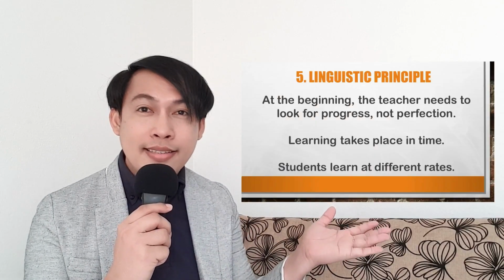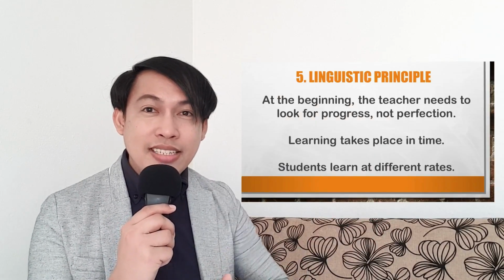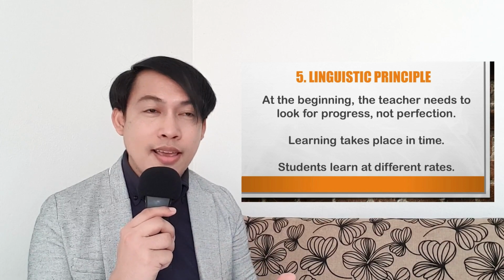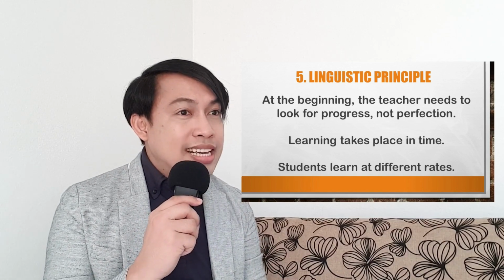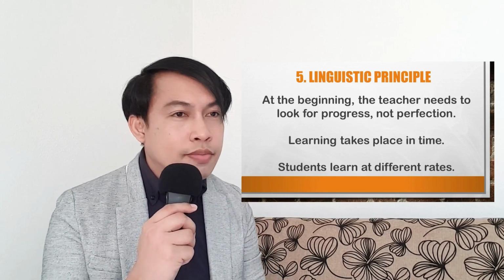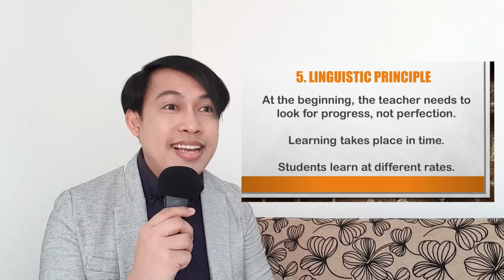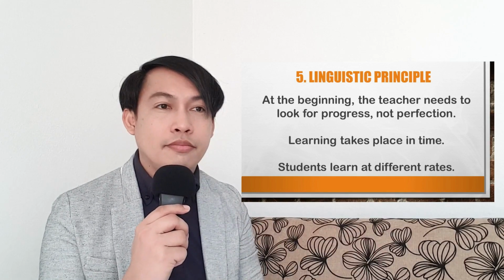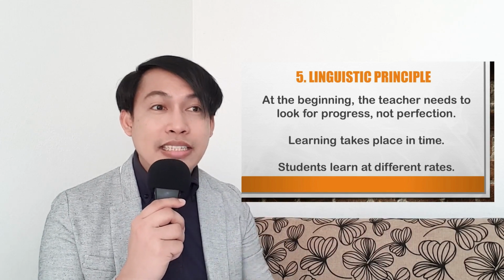Another thing that we need to consider is this principle. This is the time that we spend in teaching the students. At the beginning, the teacher needs to look for progress, not perfection. Because learning takes place in time. Students learn at different rates. So in the classroom setup, let's take this as an example.